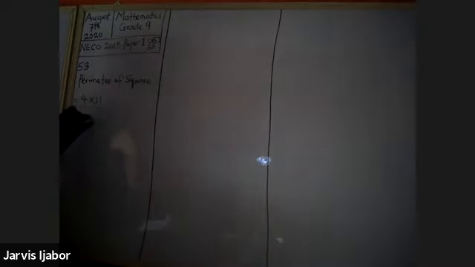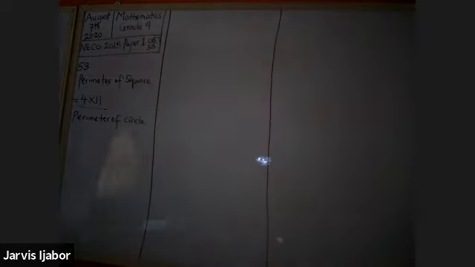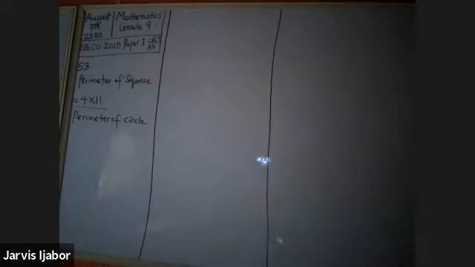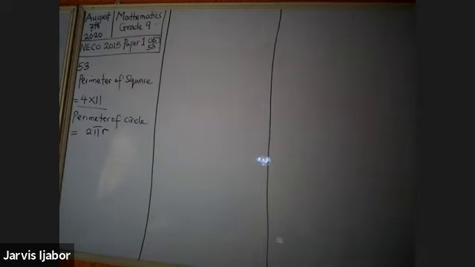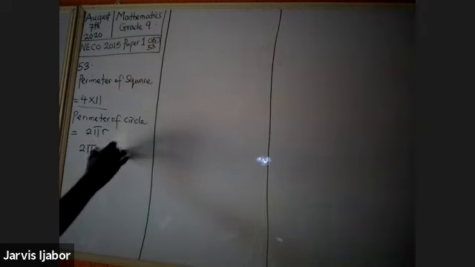Now, what is the perimeter of a circle? The perimeter of a circle is 2 pi r. We are told that we should look for the radius. Since they are the same, we can equate 2 pi r to 4 times 11.